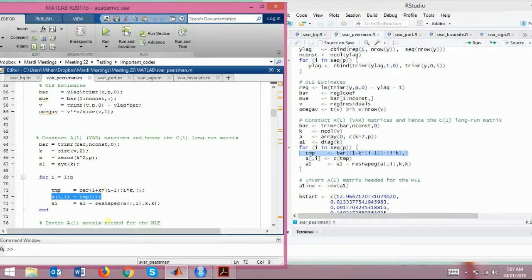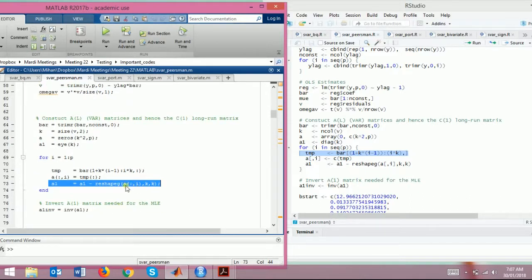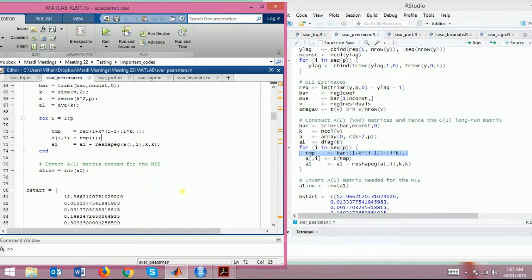Then we are taking the elements, placing them here in that structure, all rows, I columns, and then we are reshaping, because this is phi 1, which is 1 minus phi 1l, right? This is 1 minus phi 1l, this is phi 1l, because same thing, you have phi 1 already estimated, but structured, reshaped, that's all.